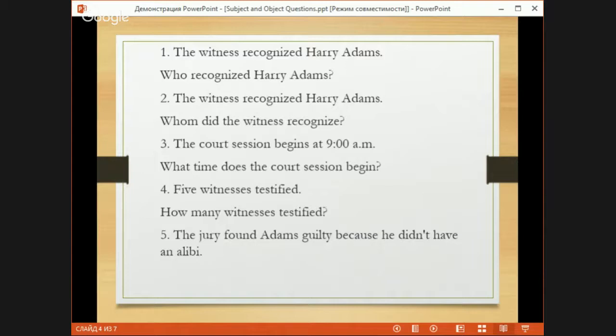So we need to ask about because. Why did the jury find Adams guilty?